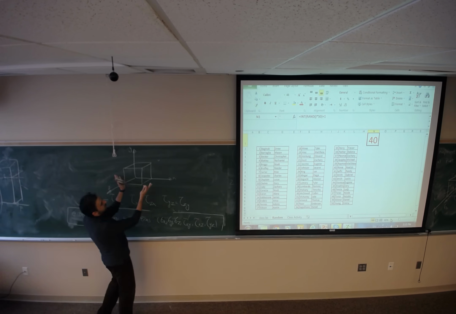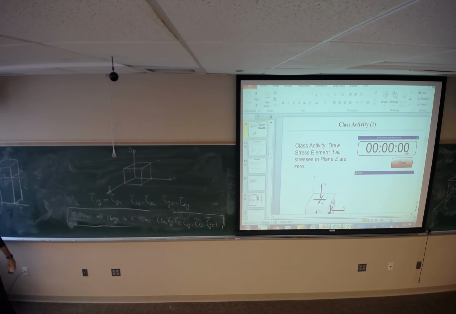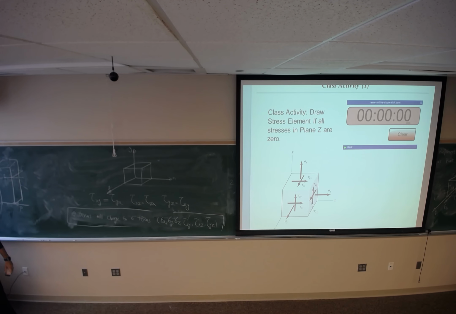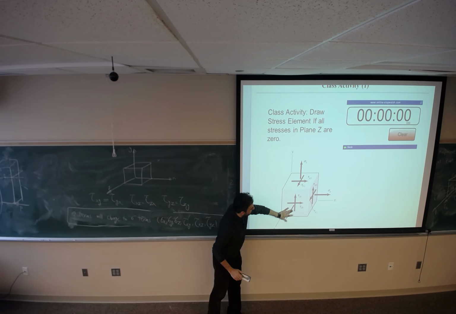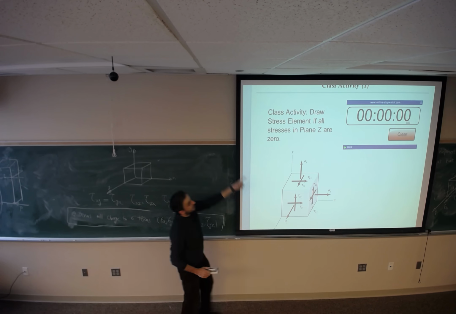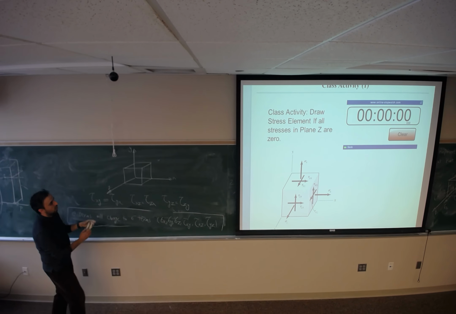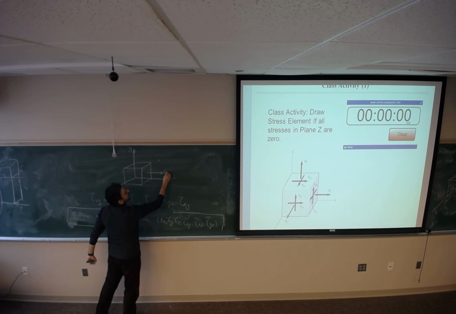If you want to draw this cube again, what I need to do is just remove sigma z, tau zx, and tau zy, because I said all stresses in plane z are 0. So I don't see anything here. I see sigma x, sigma y.